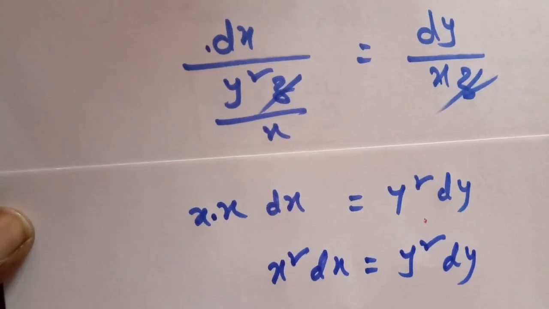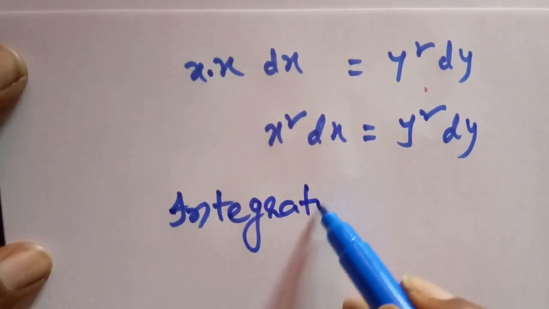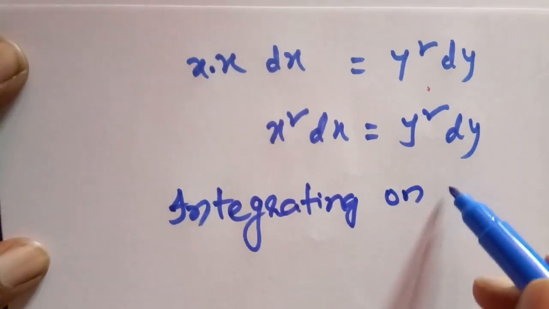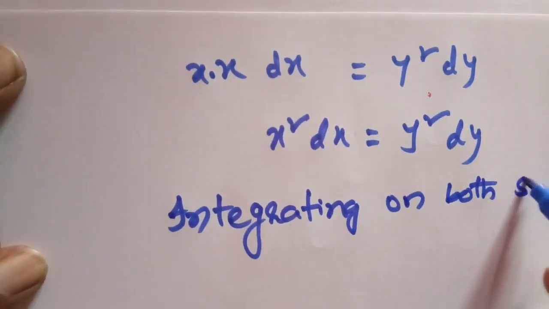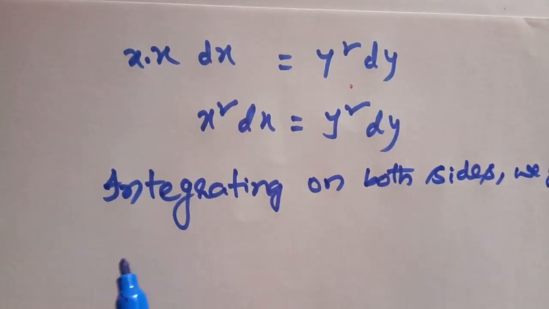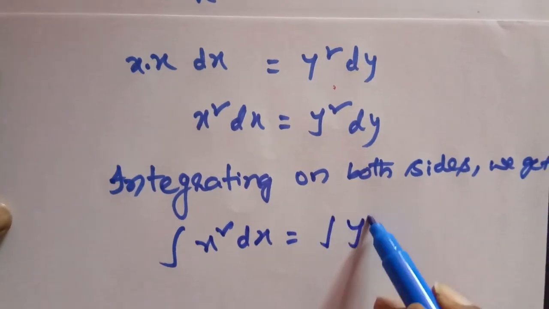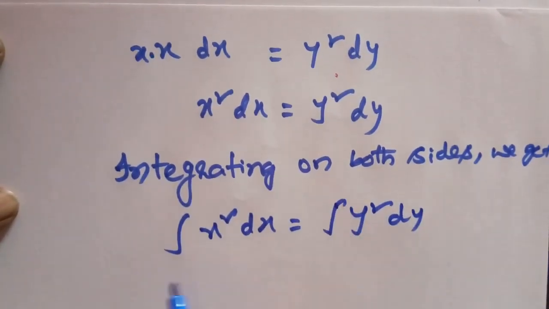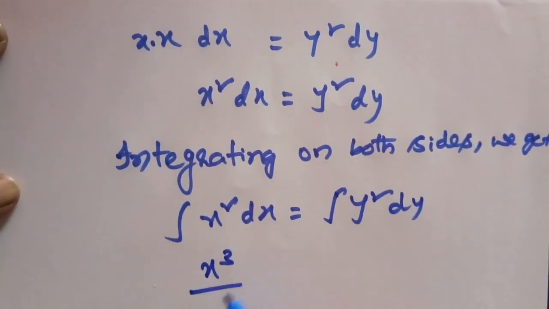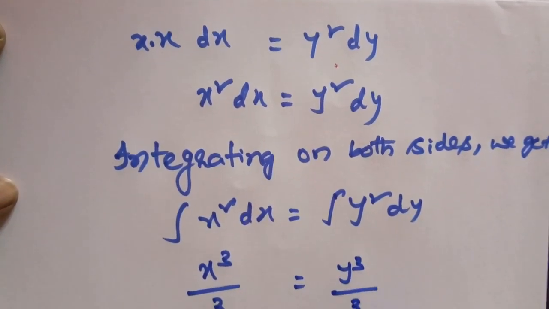Now integrating on both sides, we get integration of x square dx is equal to integration of y square dy. Therefore x cube by 3 is equal to y cube by 3.